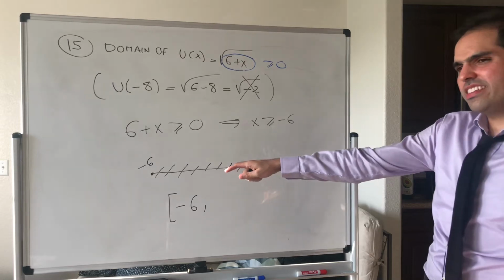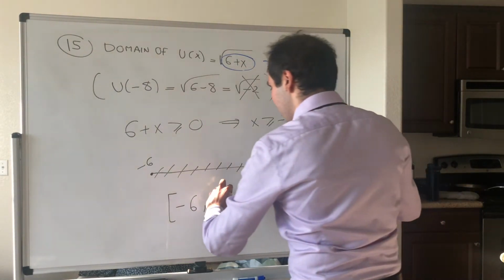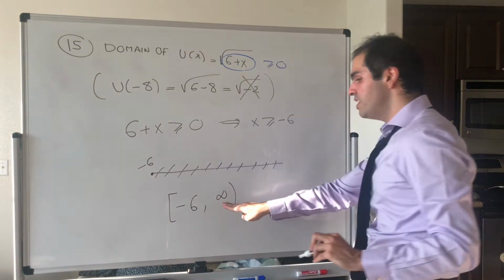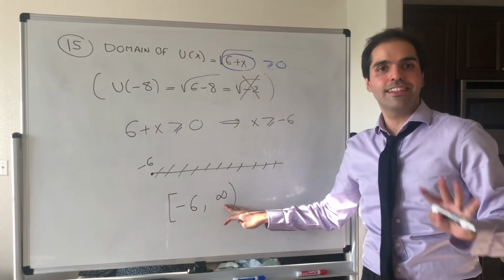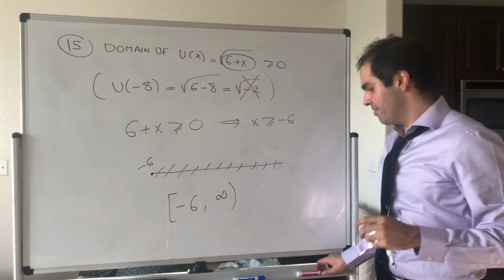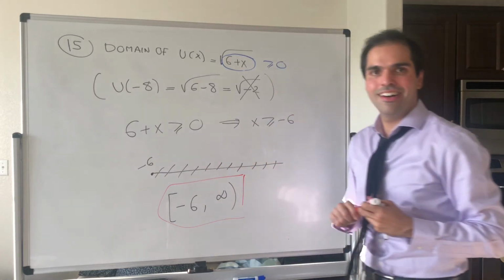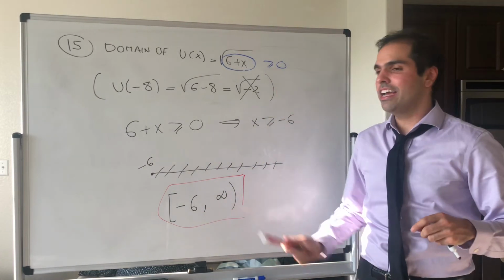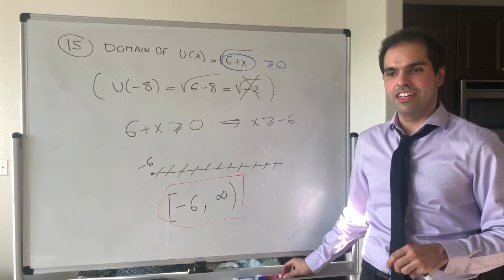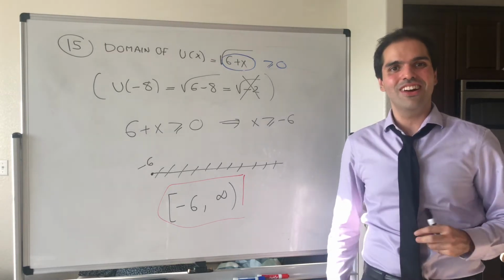And what we want to say is all the numbers up to infinity. But very important, infinity is not a real number, so we're excluding it. So with infinity, there is always a parenthesis. And that's our domain. Ta-da! Again, we're including minus 6, but excluding infinity. All right, very good. We're now halfway done, so 15 questions to go.